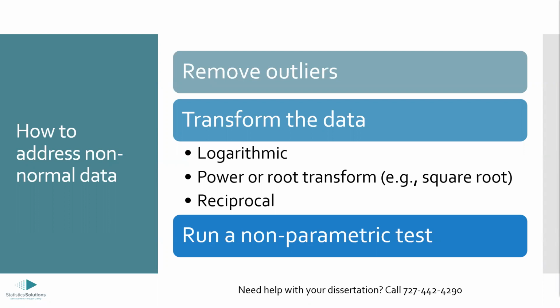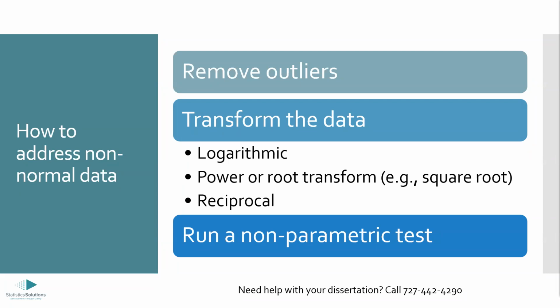So if you have just a few extreme points that are pulling your data in either the positive or negative direction, and it's really just those few points that are causing a problem and the rest of the data are relatively normally distributed, then it may just be a simple matter of removing those outliers.